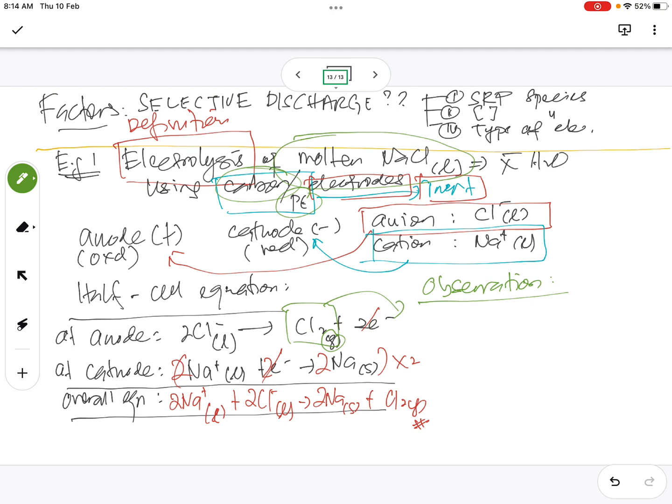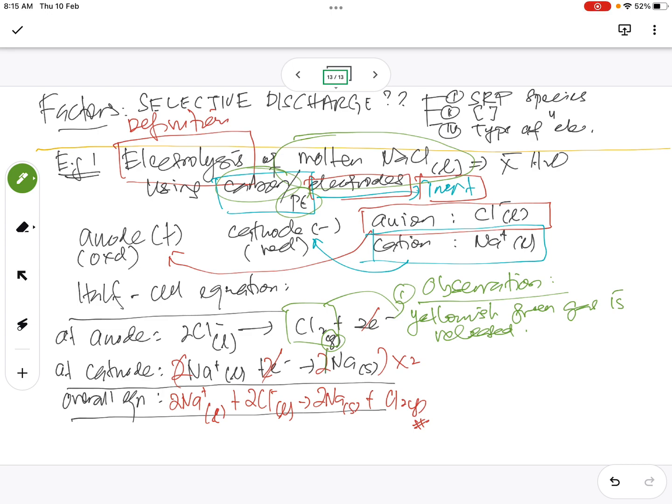So it can be yellowish green gas is released or evolved. That is the first observation. Anda boleh nampak gas berwarna kuning kehijauan dibebaskan.